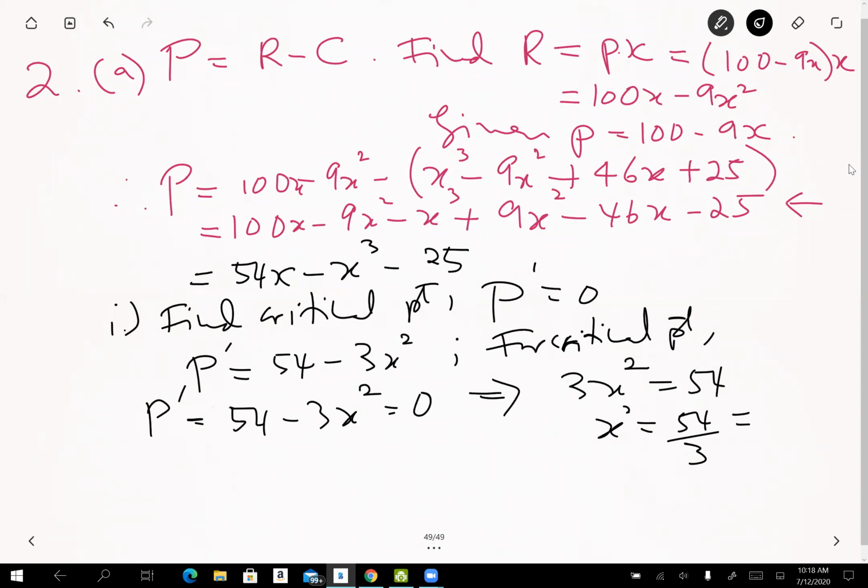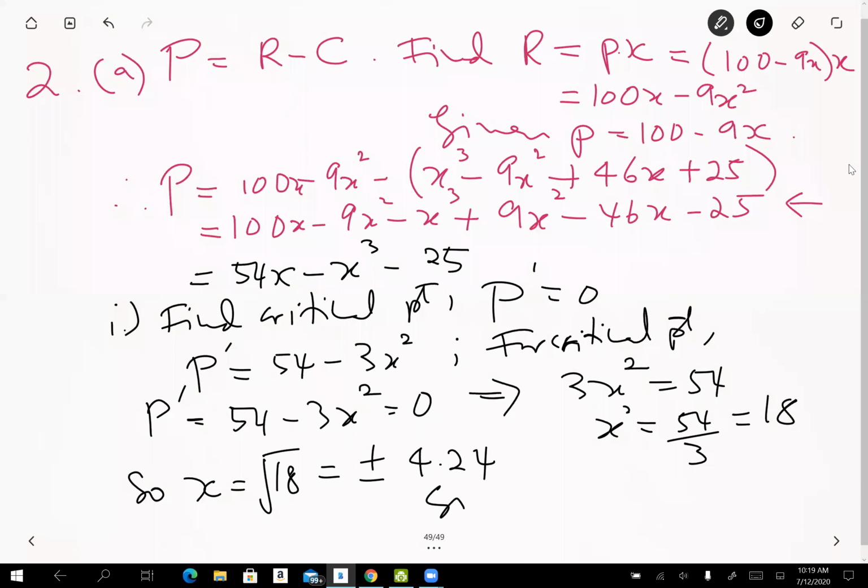Okay, will be 18. So x will be the square root of 18, and that will be equal to plus or minus 4.24. So square root, you know, there will be two values, plus or minus.